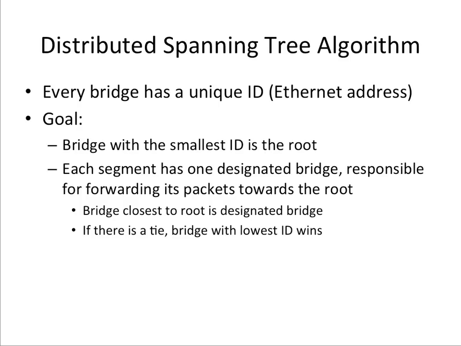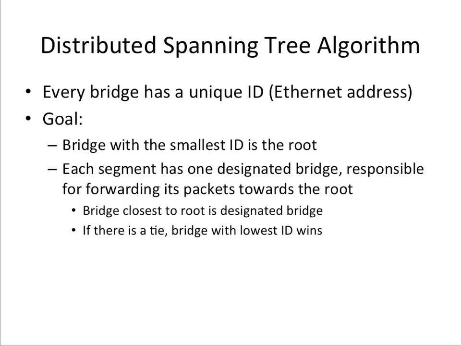And if there is a tie, it could be the case that you're connected to two bridges at equal distance from the root. Before we get to this point, what do I mean by distance? This means number of hops, number of segments that you have to go through. Right? That's distance. You could come up with other definitions of distance, but that's the definition we're using in this class.